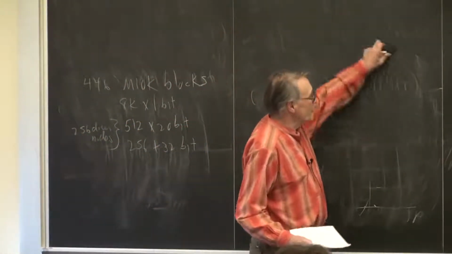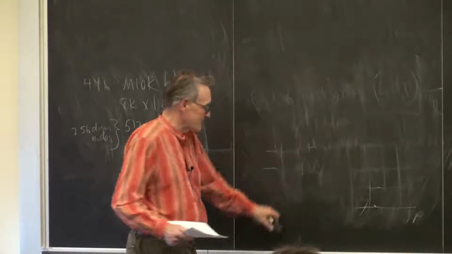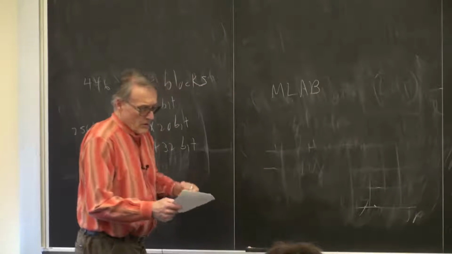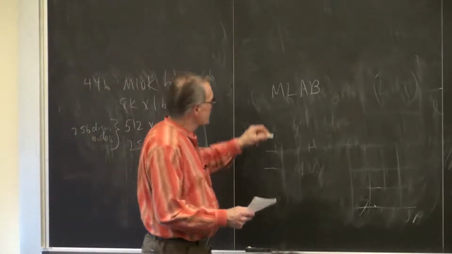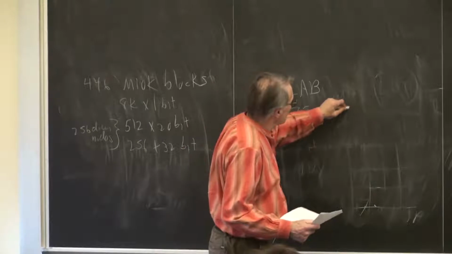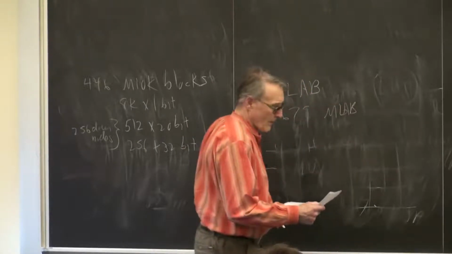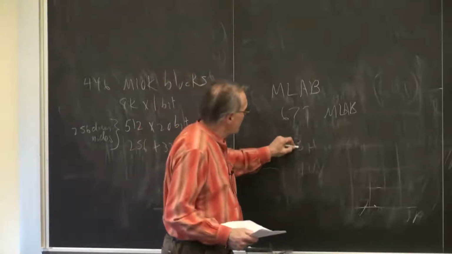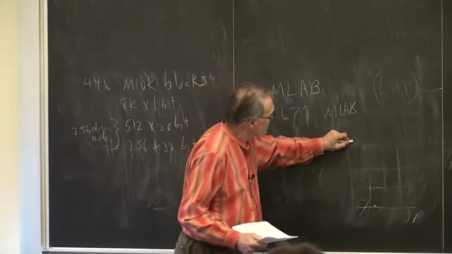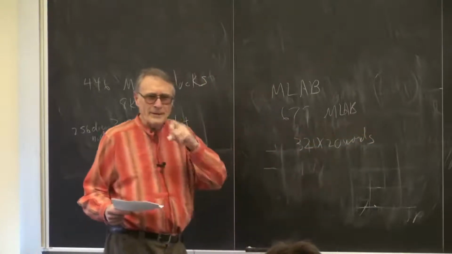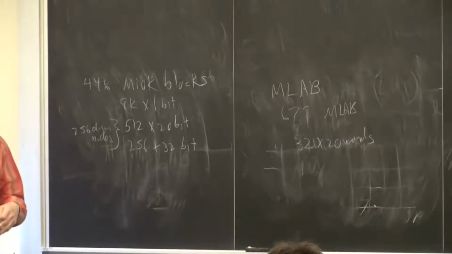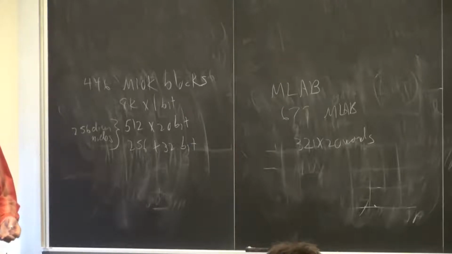and this is a trade-off I don't know because this is the first chip we've used in this class that has MLab blocks. MLab blocks, there's 679 MLab blocks. Each of which can be 32 bits by 20 words. My guess is that the point of an MLab block would be a fast register set for a CPU.